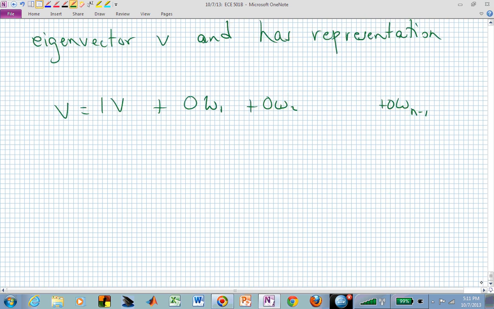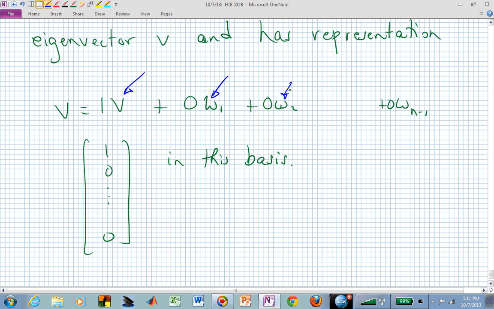So in terms of those vectors, I have that for my representation. So these were the basis vectors.